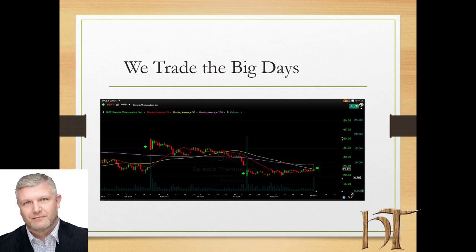Midday we traded it on this day that it had a big gap down, and this day it had a big gap up. So this was the breaking news day, this was the big gap up, and this is the big gap down.